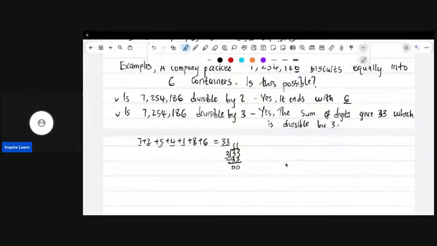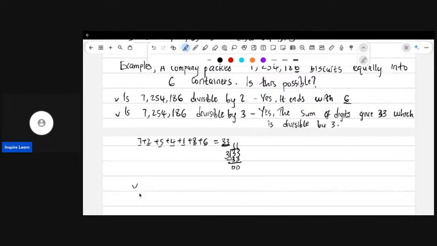So that is our answer for that. Remember, when we added the digits, they give us 33, and 33 when we divide it with the 3, this means we get 11.